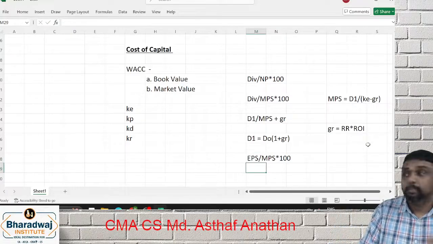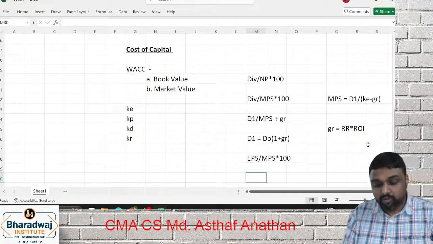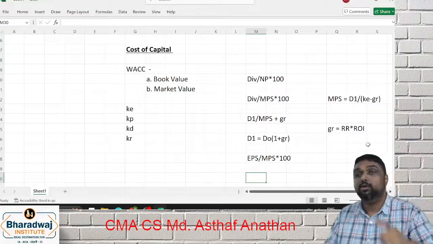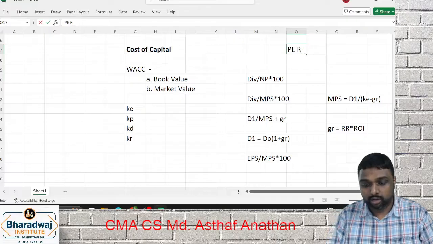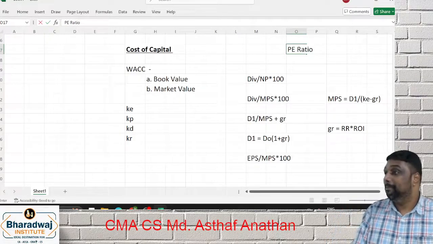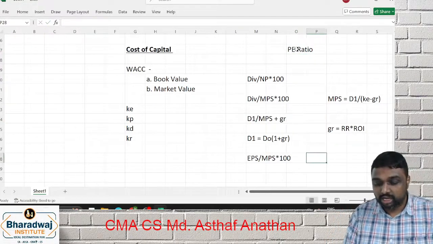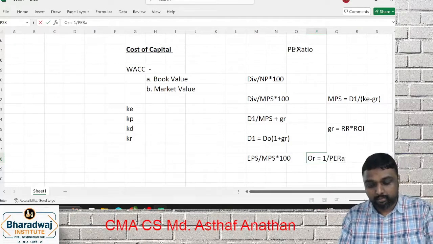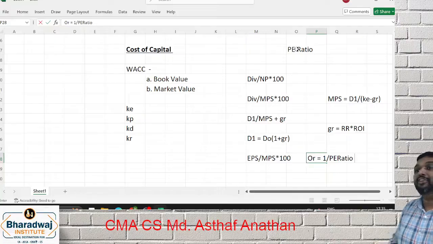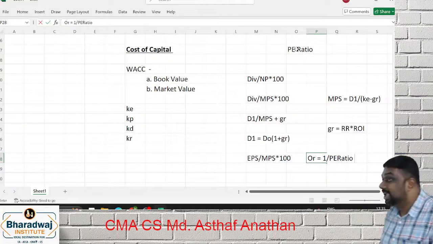EPS by MPS into 100. We have one more formula. You have learned in your ratio analysis a formula called the P/E ratio, which is MPS by EPS. So the inverse of it is called 1 by P/E ratio. All are KE formulas only.